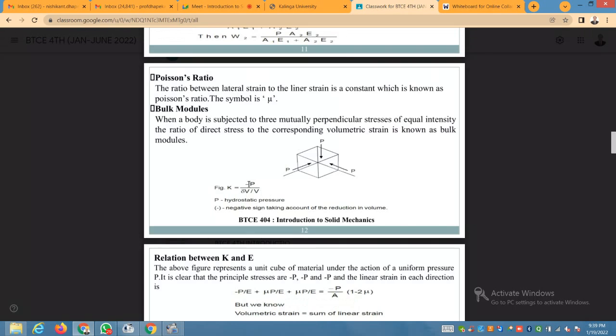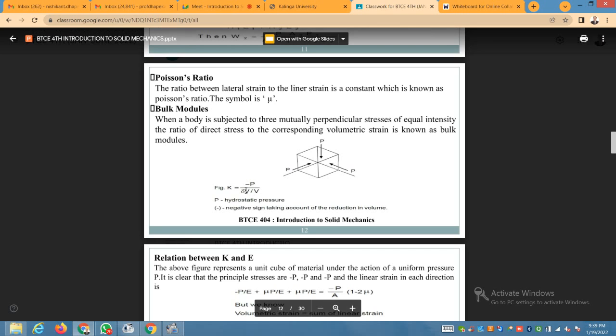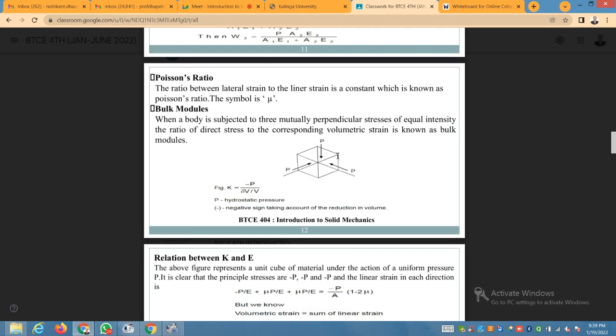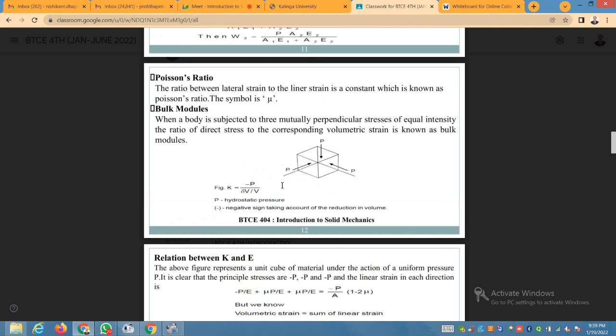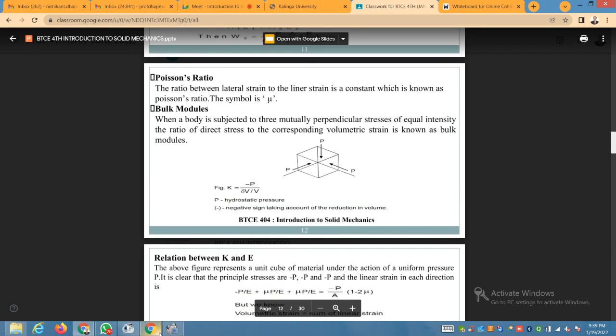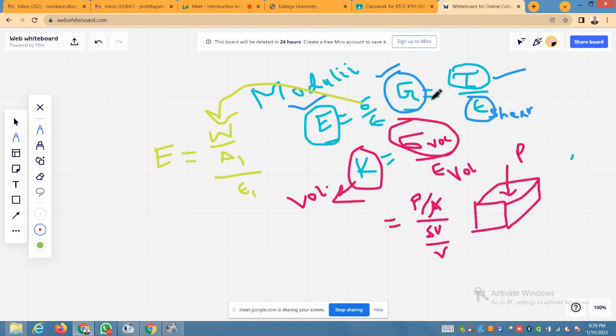The negative and positive sign doesn't make any difference because it only indicates the change in size: if the volume is decreased, the sign will be negative; if the volume is increased, it will be positive. So in this way, in mechanics of solids, there are three types of moduli, that is E, G and K.